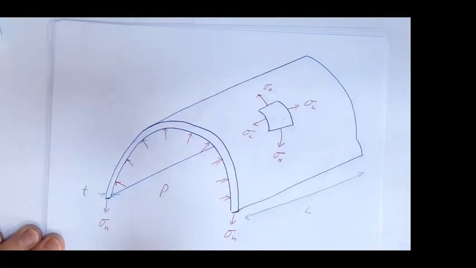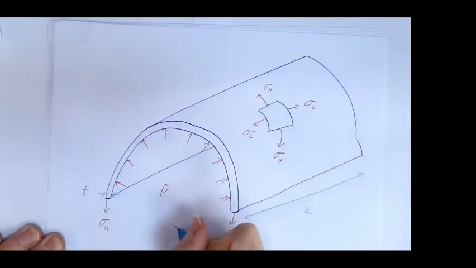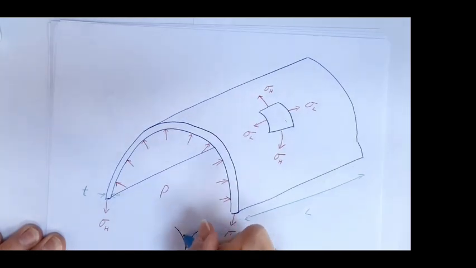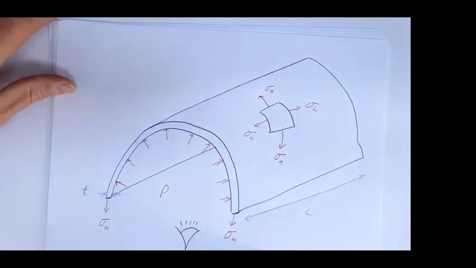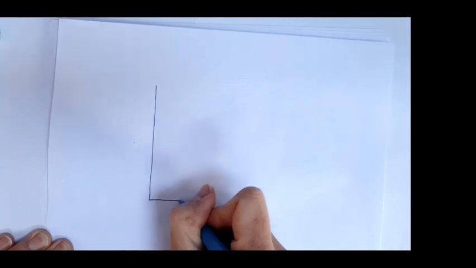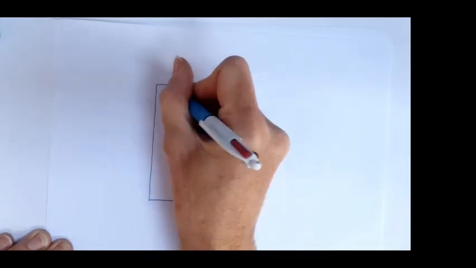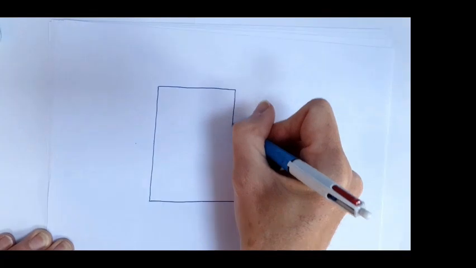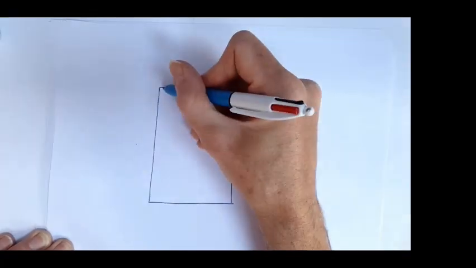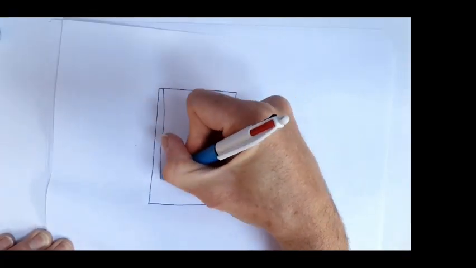So the first thing that we're going to do, we're going to look at this structure from underneath. So let's draw my eye here. I'm going to look in that direction. Okay, so what would we see? Well, we would see something like this. Okay, got my cylinder, looking from underneath. These are the walls that I've chopped through.